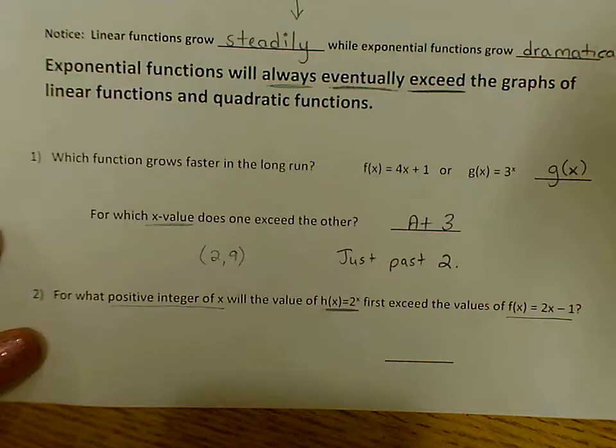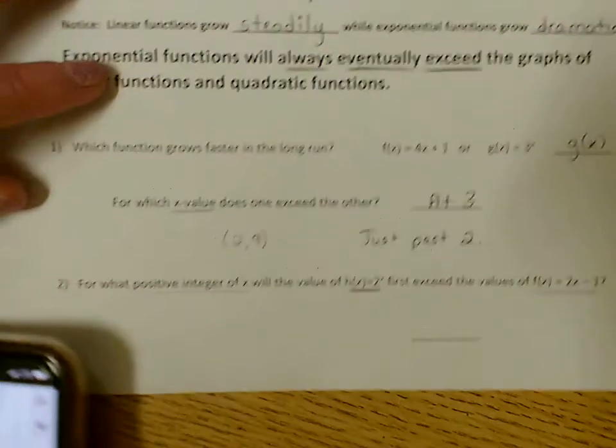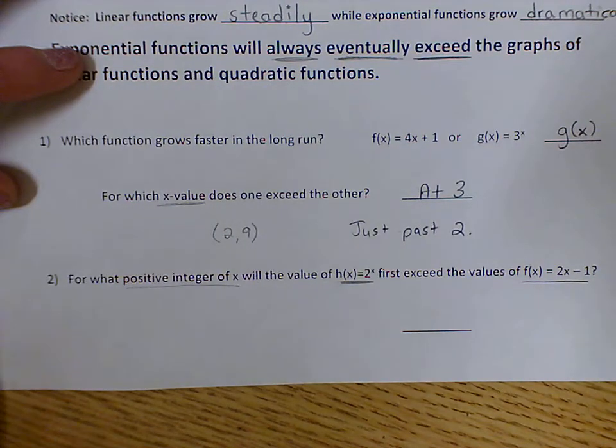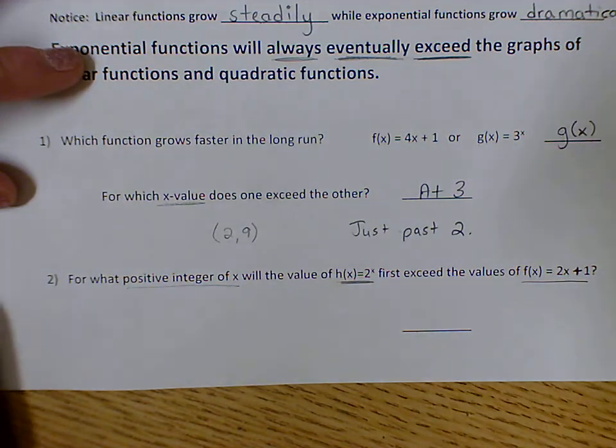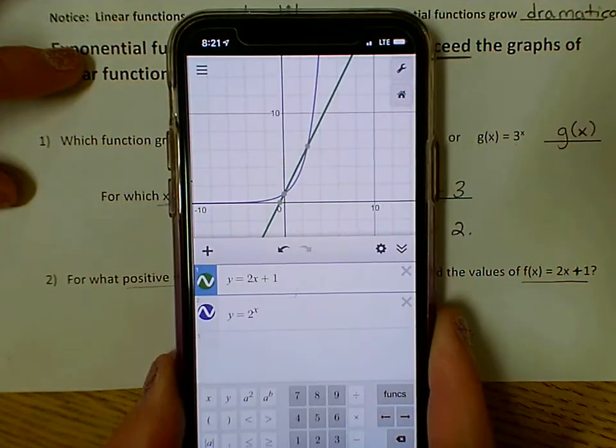Okay, and actually, you know what, I think one of these is supposed to be different, because I might have accidentally typed it wrong. Yes, okay, I think that this right here is supposed to be a plus sign, so let's change that to a plus. And so I changed it in my graph.